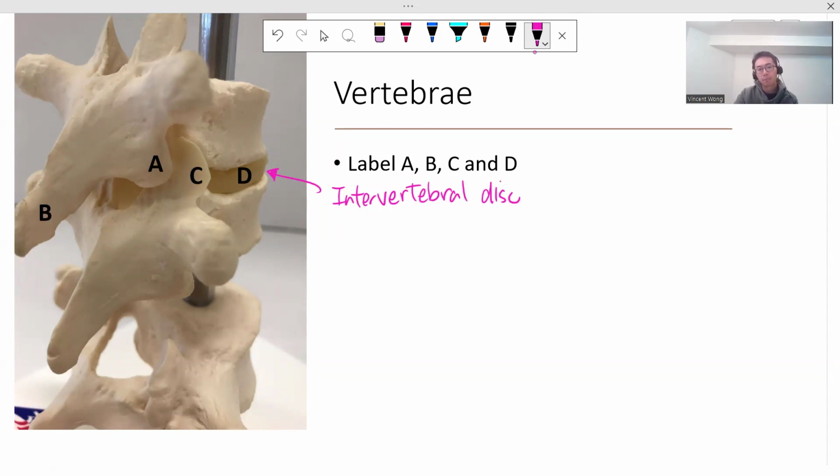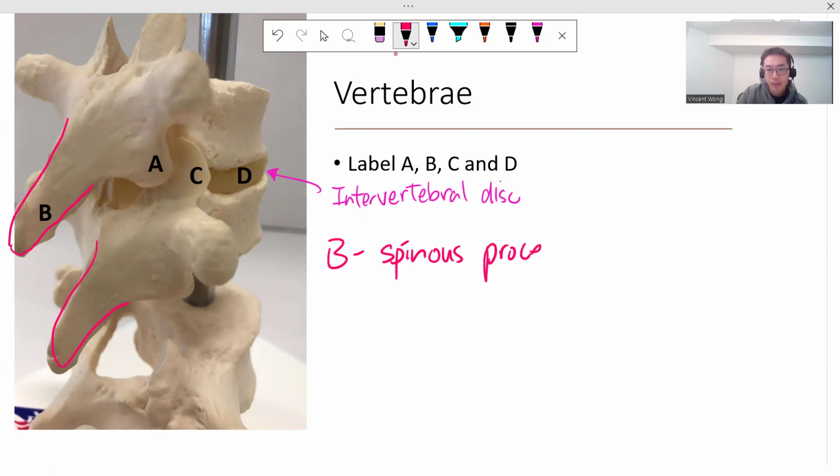Trying to reduce the friction as we bend our spine front and back. Over here, these lock the spine in place so we don't go all the way backwards and fall over. Those are called the spinous process. It's all in the PowerPoint. Spinous process.